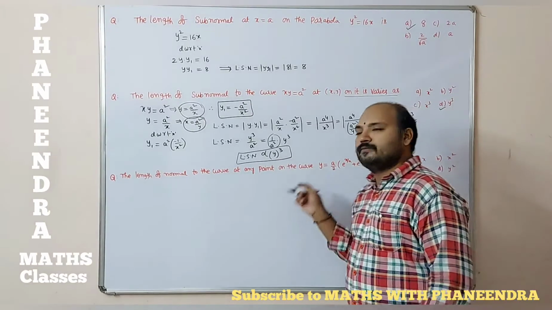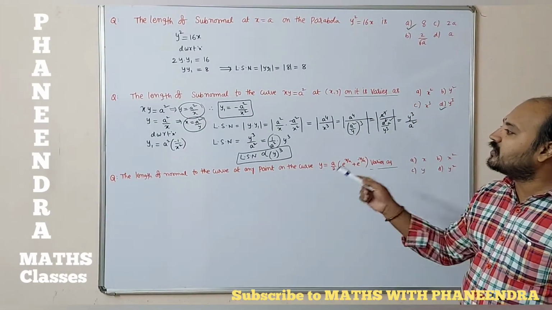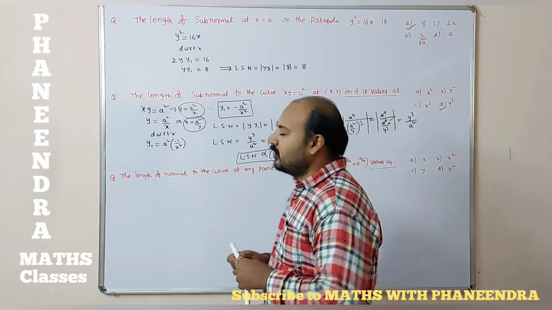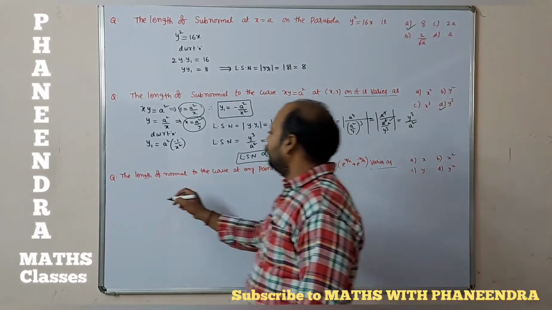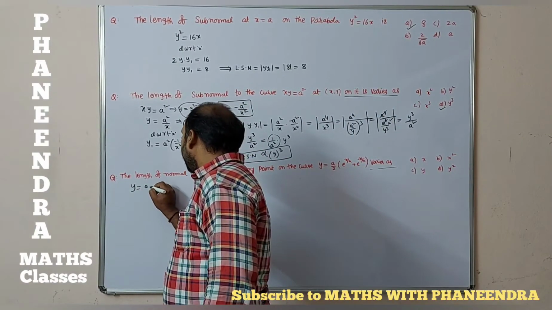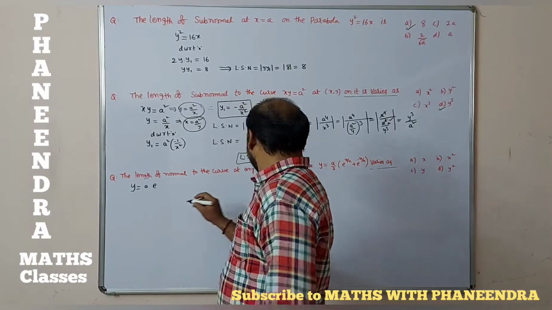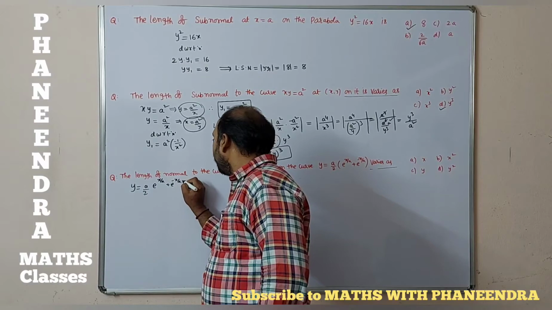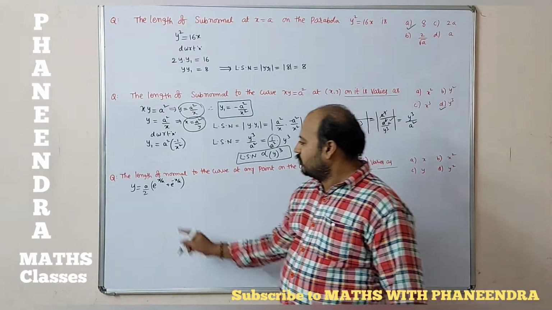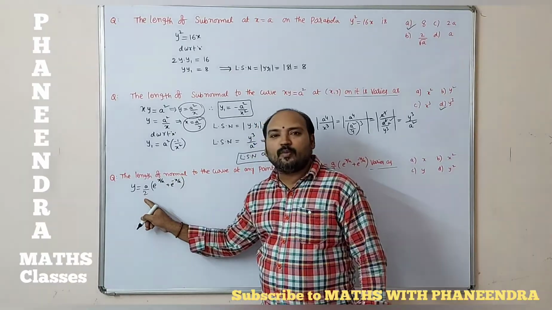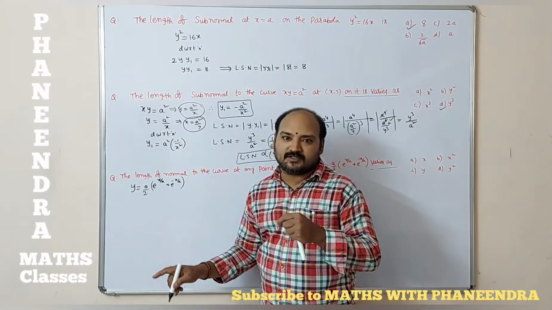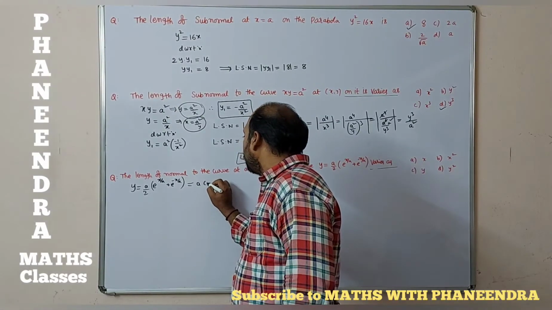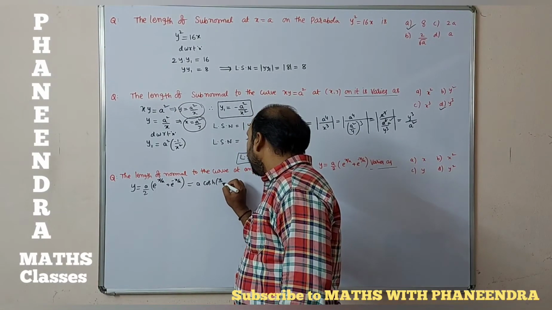Now come to the same procedure for this. The length of subnormal, sorry, the length of normal, not the length of subnormal difference. Length of normal. What is the given curve? Y is equal to a into e power x by a plus e power minus x by a, by 2. So e power x plus e power minus x by 2 is the definition of cos hx, hyperbolic. But in place of x, x by a is there, no? So we can write it as a into cos h of x by a.